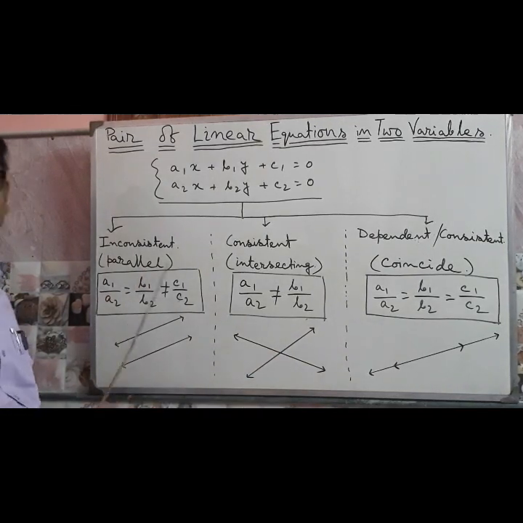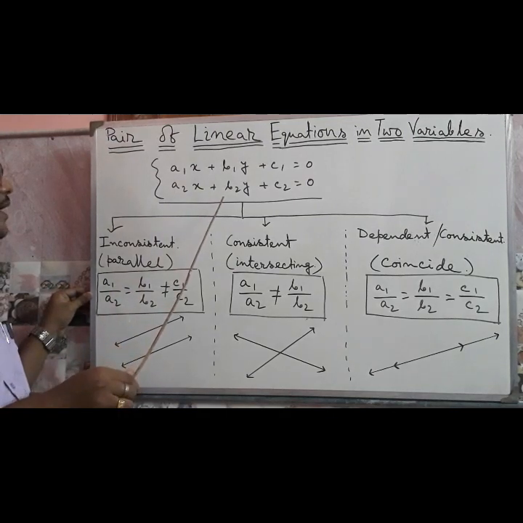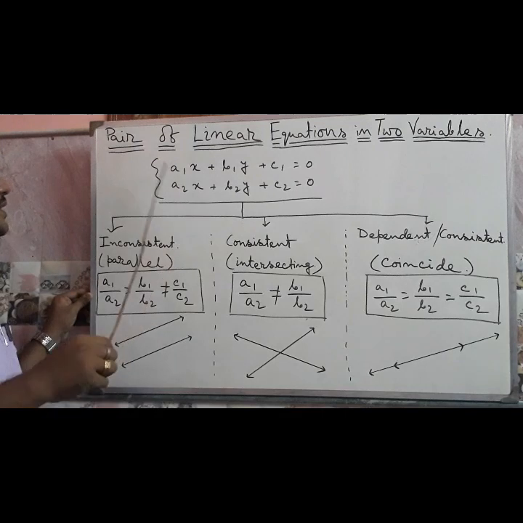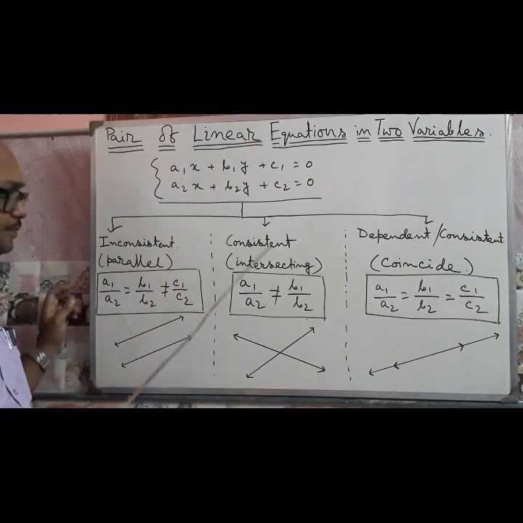And what are the conditions? This is important. These two lines will be parallel if a1/a2 = b1/b2 is not equal to c1/c2. That is, the ratio of the coefficient of x is equal to the ratio of the coefficient of y.